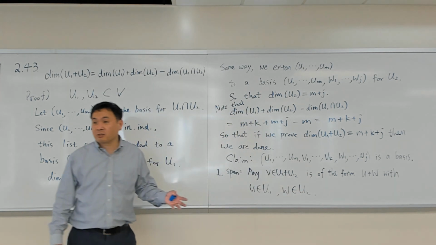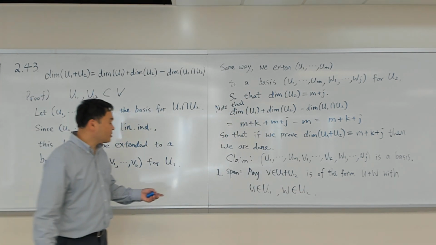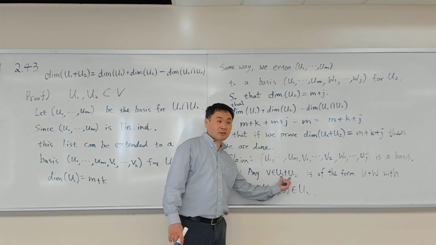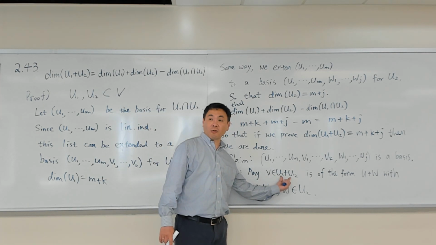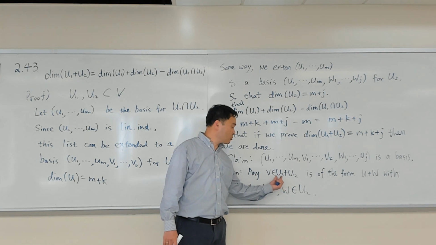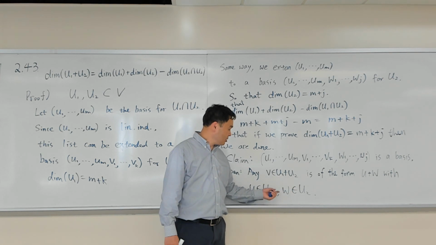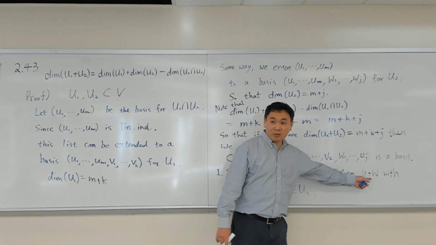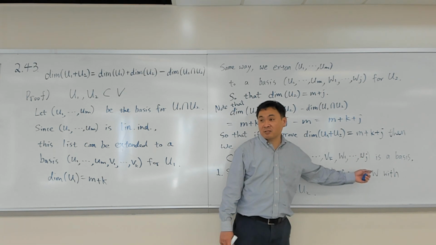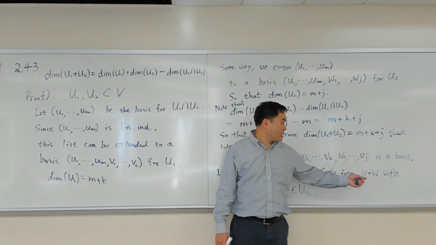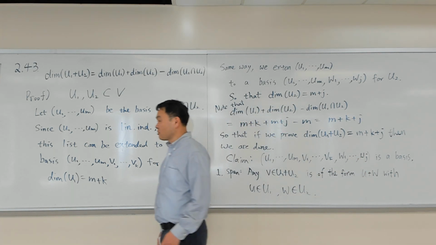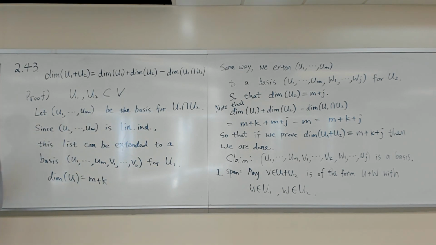That's the definition, right? What is this set? It's the collection of all the possible vectors you can make by taking one element from here, another element here, and you take the sum of it. You take everything that looks like this, collect it as a set, and at the end of the day, you can show that it's a subspace. So that's what it means to be the sum of two subspaces.